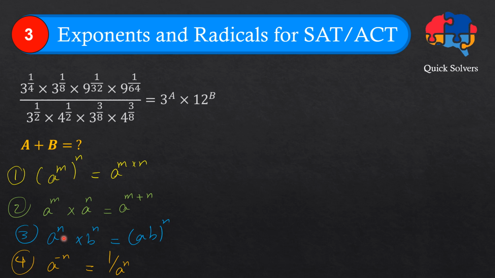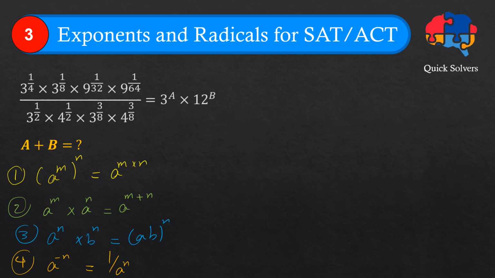If we look at the right hand side expression, here we have 3 to the power of a times 12 to the power of b, and I think we cannot further simplify this because for the exponents, we don't know if a and b are equal or not, and the bases are not the same, so we should probably leave it as it is. And we should focus on the left hand side and try to simplify this.